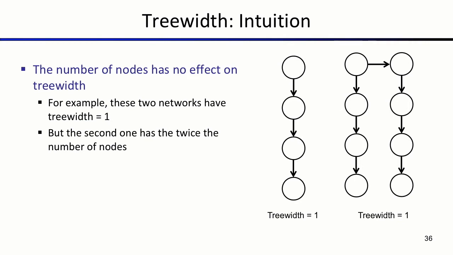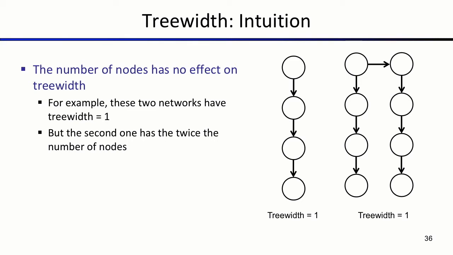Here is a first and non-obvious observation: the number of nodes that we have in a network has no effect on the tree width. We expect that larger networks will be more complicated for inference. That's the general intuition that we have. It tends to be true because larger networks tend to have more connections and possibly nodes with more parents, but that's not always the case.